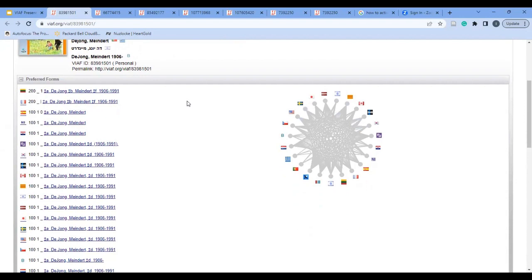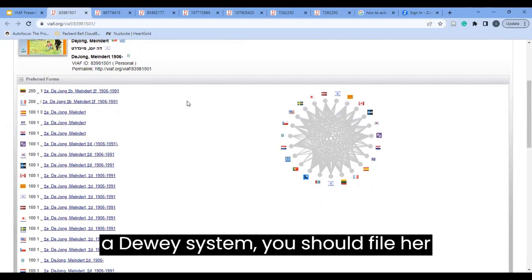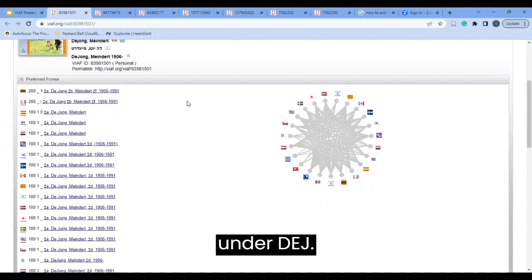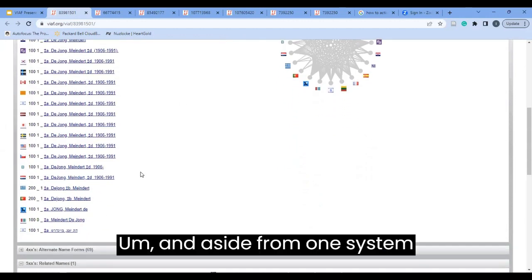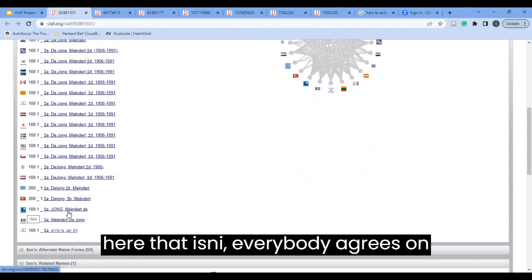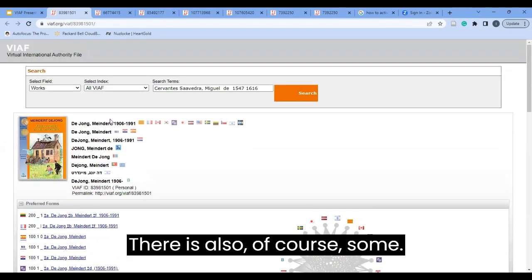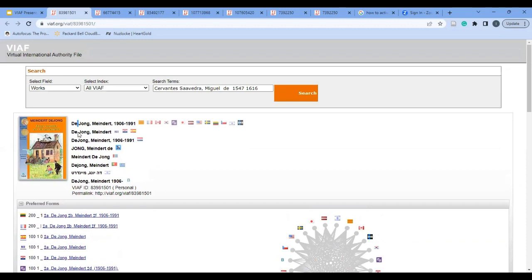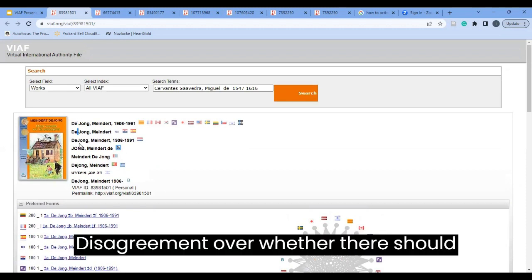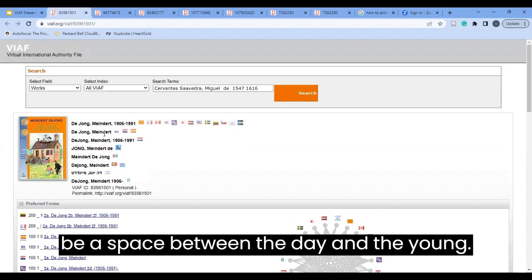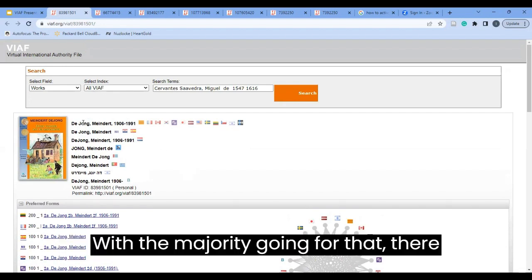Therefore, if you have a Dewey system, you should file her under DEJ. And aside from one system here, the ISNI, everybody agrees on that. There is also, of course, some disagreement over whether there should be a space between the de and the Jong, with the majority going for that there should.